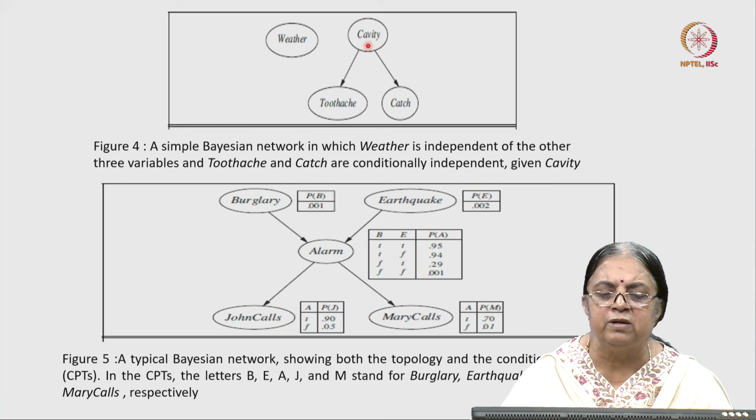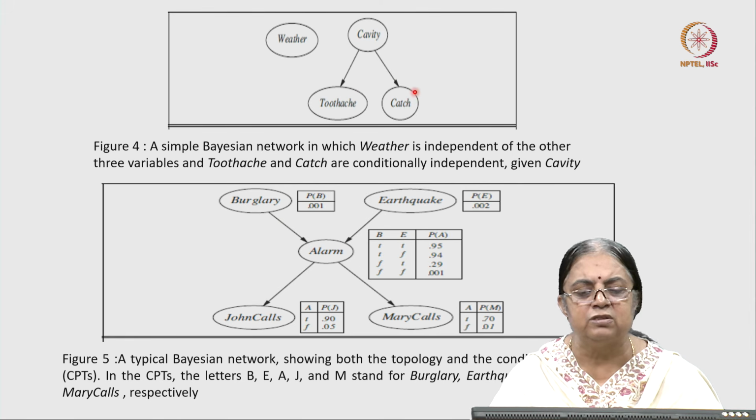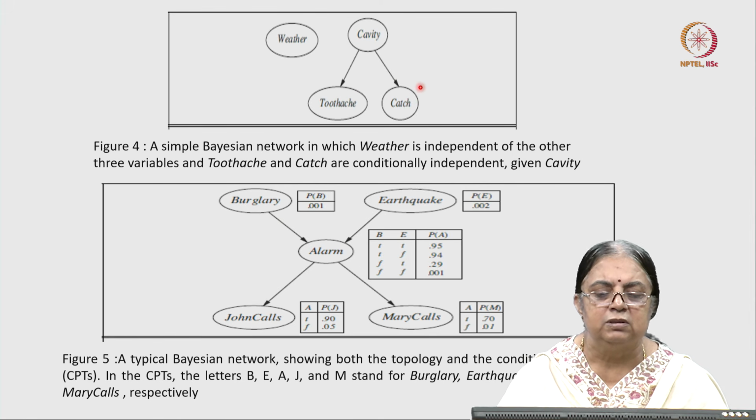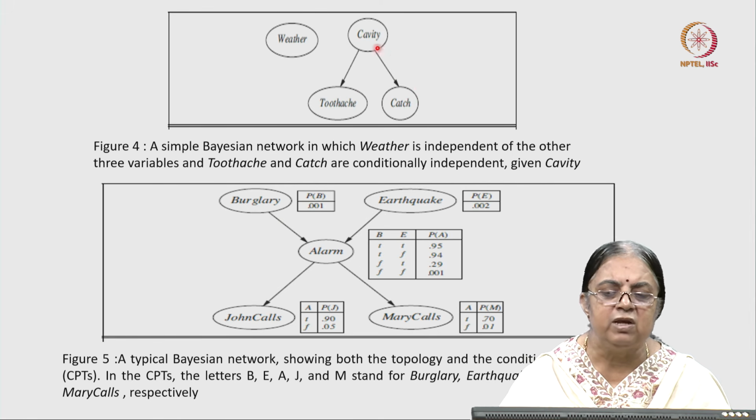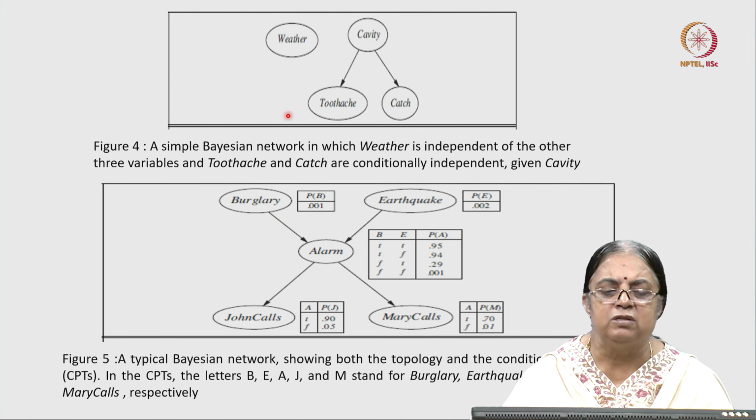So, cavity is the parent node and toothache and catch depend on it. But even though they both have cavity as the parent, they are conditionally independent of each other, given cavity. So, this is a very simple Bayesian network.